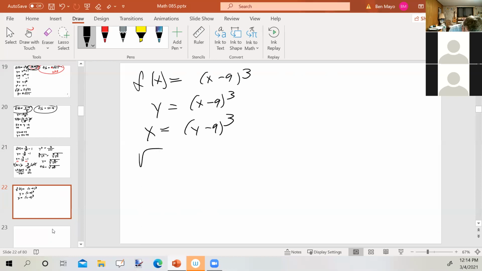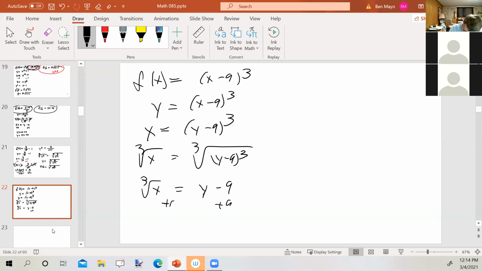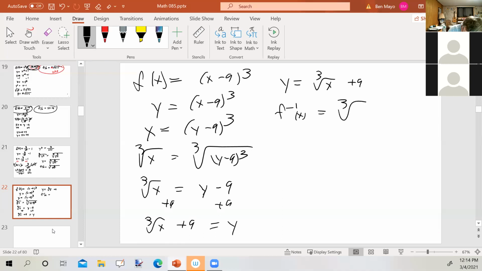I'm going to take the cube root of both sides, which gives me the cube root of x equals y minus 9. Add 9 to both sides, the cube root of x plus 9, and the plus 9 is not inside the cube root, equals y. So f inverse of x equals the cube root of x plus 9.